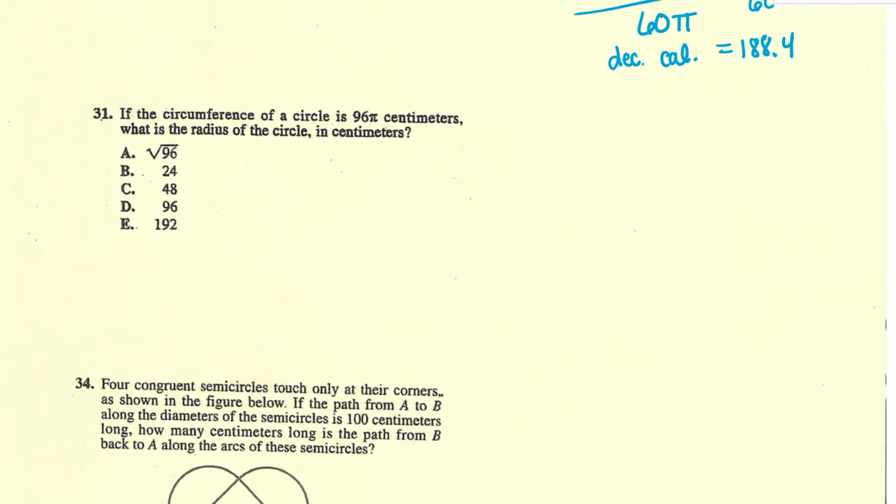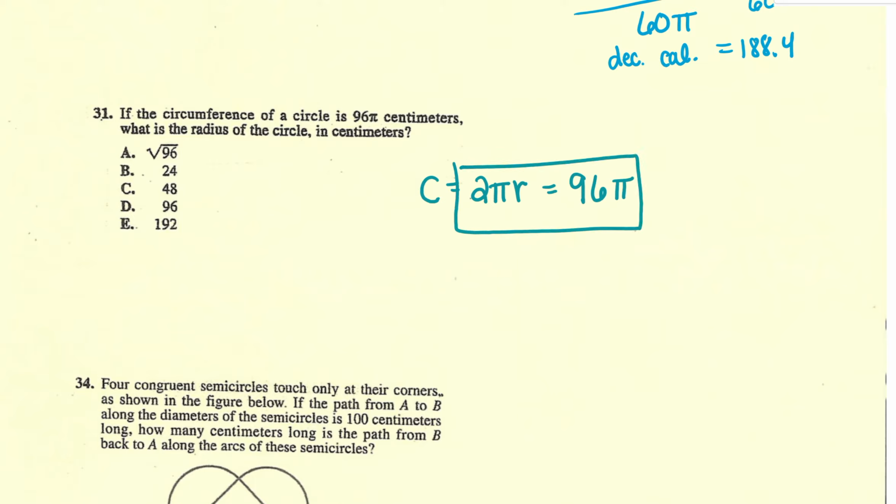Okay, the next one, 31. If the circumference of a circle is 96 pi, what's the radius? Well, circumference, we know, is 2 times pi times r. And they told us that circumference is 96 pi, and they want the radius. So we want to know what r is.